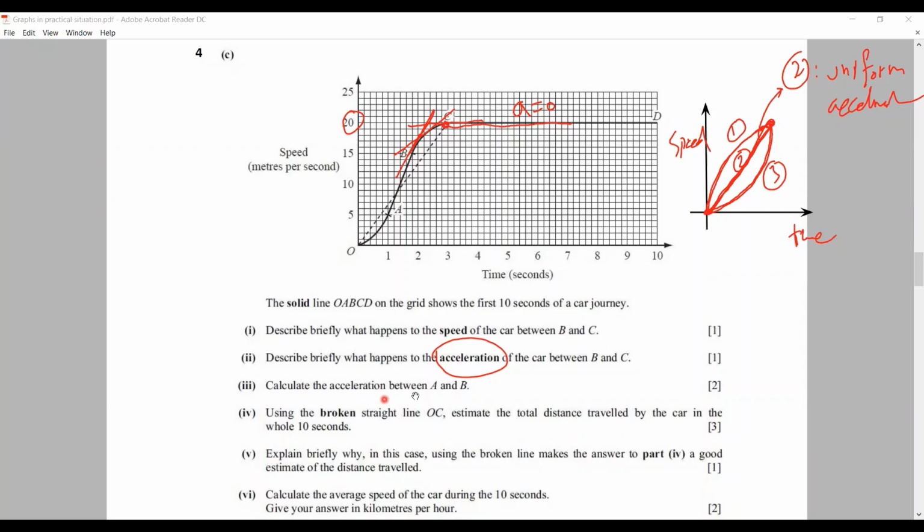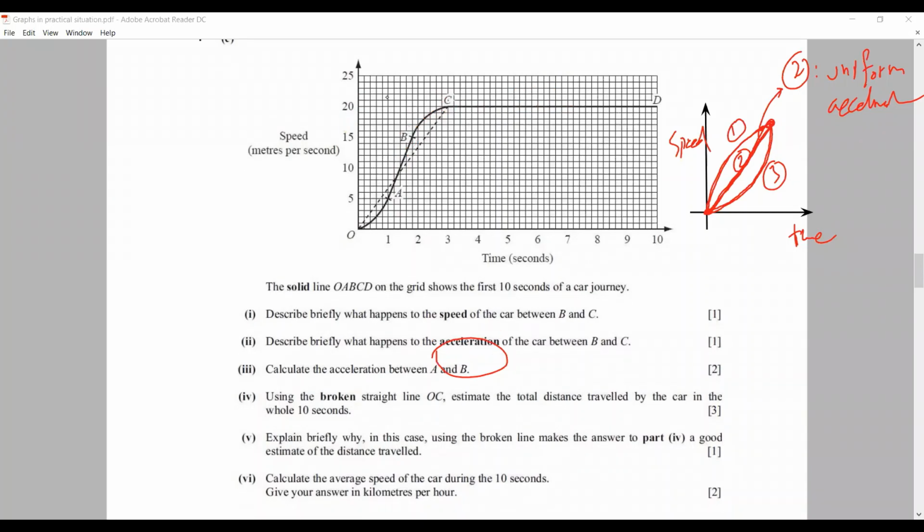Calculate the acceleration between A and B. Between A and B, it looks like a straight line, or you can treat it as a straight line, and you need to find the rise and run. B is 15 on the y coordinate. A is 5, so the vertical displacement is 10.